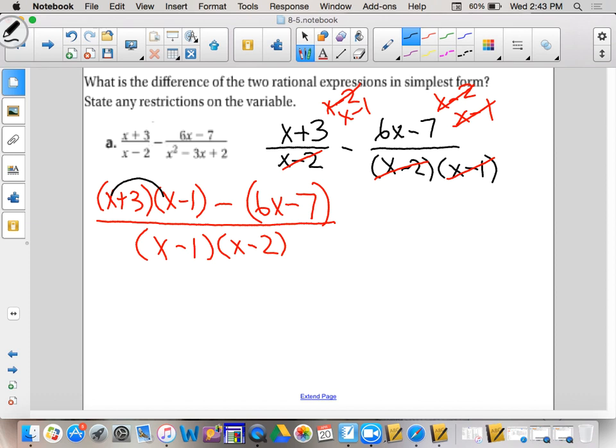So I get x squared minus 1 plus 3 gives me plus 2x, and then that's negative 3. What happens over here? So minus 6x plus 7.